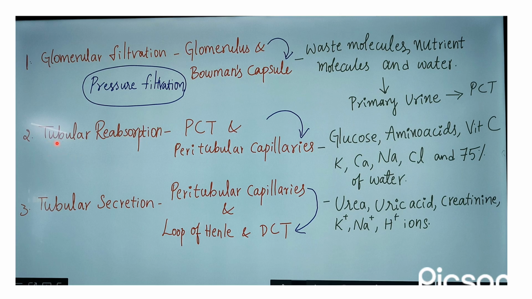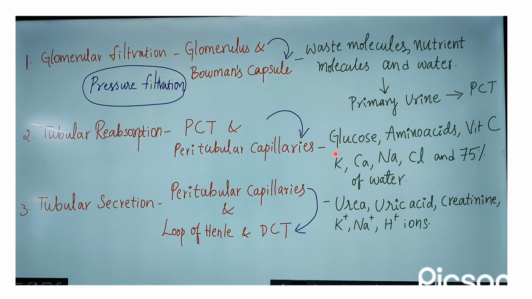Second step, tubular reabsorption, is happening between PCT and peritubular capillaries. A few things are traveling from the PCT into the peritubular capillaries. Mostly these things should be essential for our body. That's why our blood is taking them back from the urine.